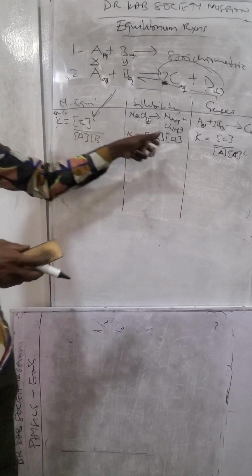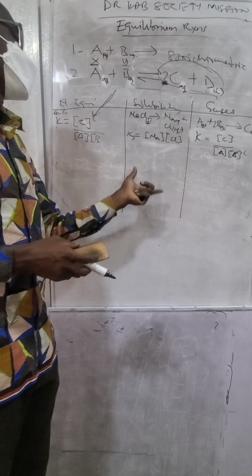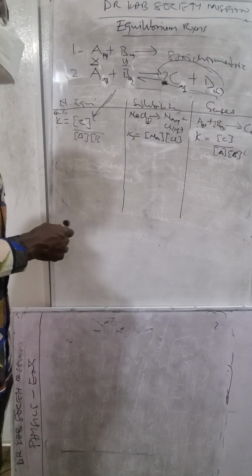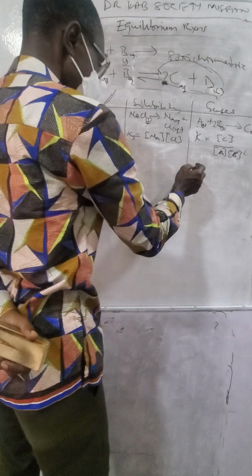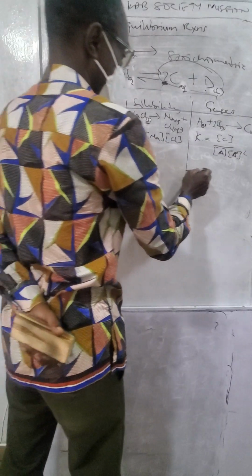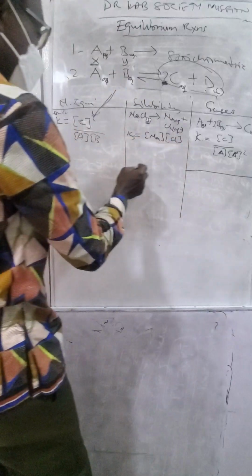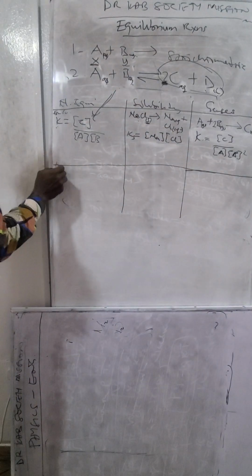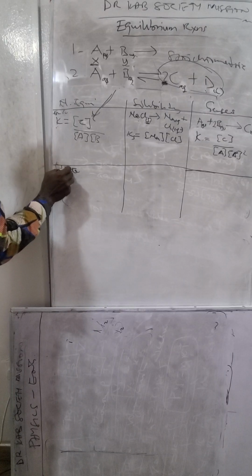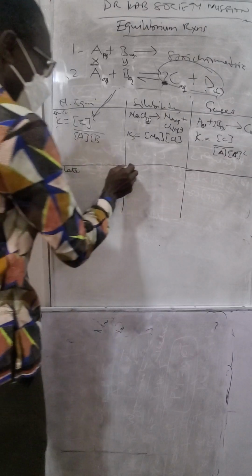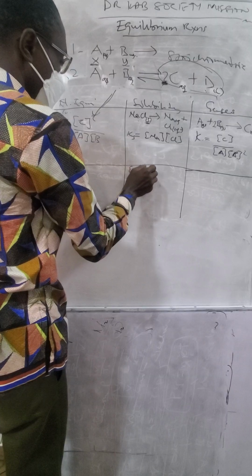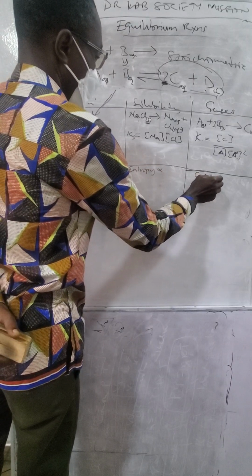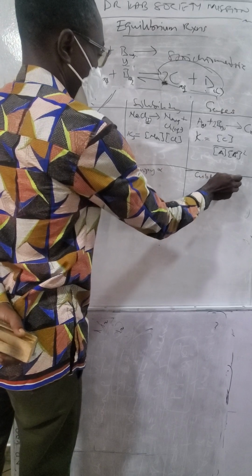Once you can write it, you read the question, put the values in, and work it out to get your answer. Now the other thing I want us to look at is the rate of reaction, and then we look at entropy, and then the Gibbs free energy.